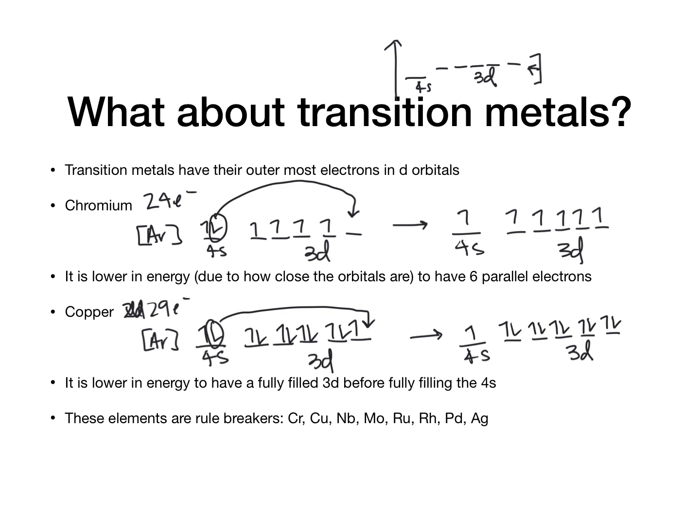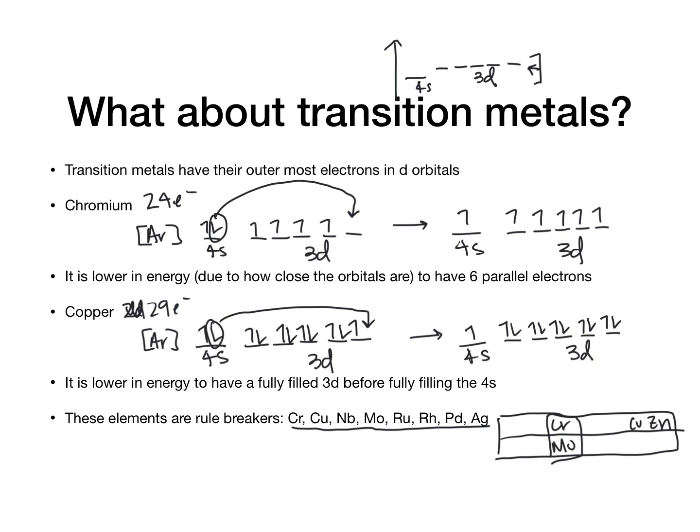So these elements here are the rule breakers you need to know. If you were to look at the d electrons, or the d orbitals, if we have chromium, and then we have copper, the rule breakers are 2 elements that are adjacent to one another, chromium and molybdenum. Then we have copper and silver.